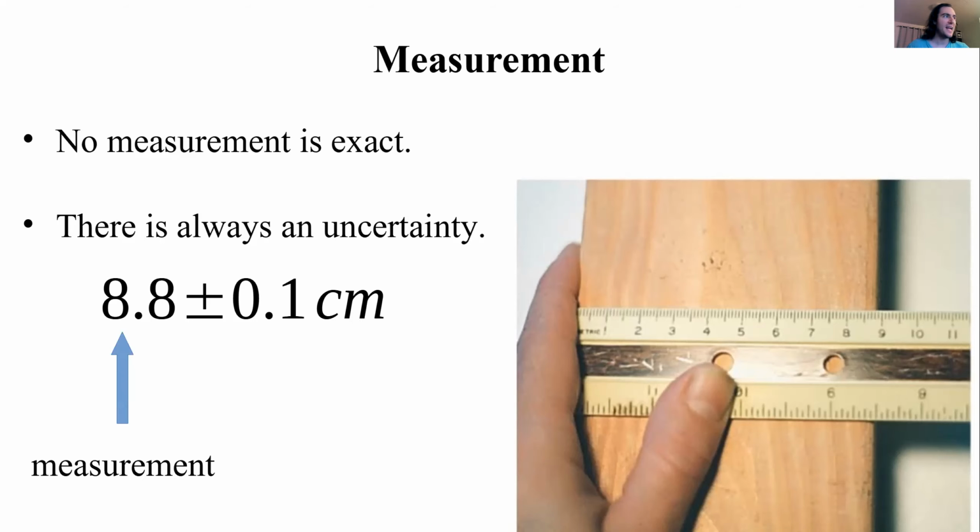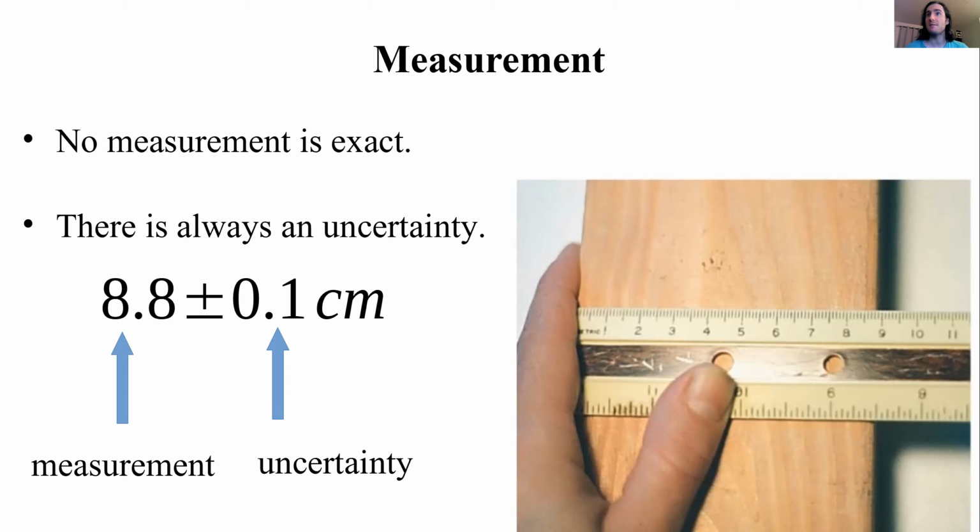The 8.8 is the actual measurement that we took. That's the value that we see when we look at the ruler. And of course, that's not perfect. And so we add this piece here, the uncertainty. Now, when I look at this ruler, I said, okay, this could be 8.8 or it could be 8.9. And so one might agree with the following statement. The uncertainty in the measurement is 0.1 centimeters, right?